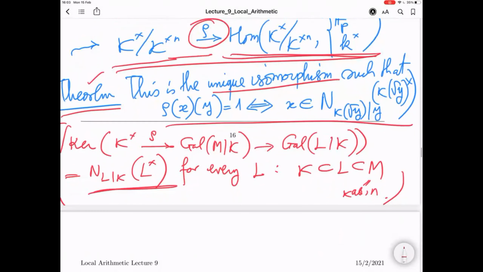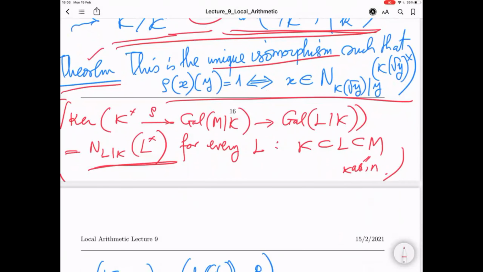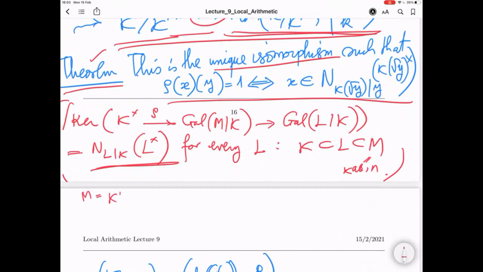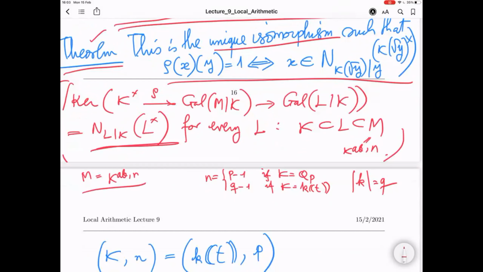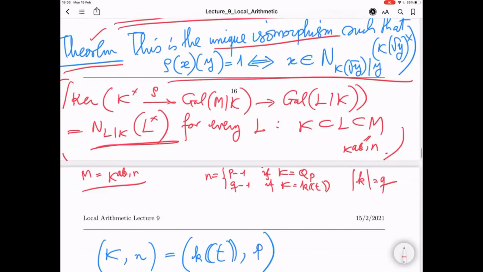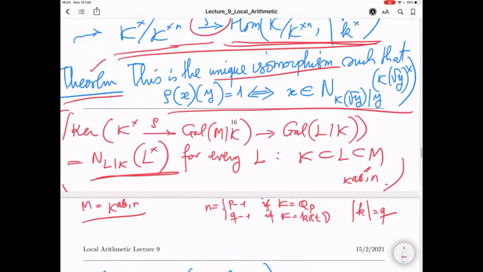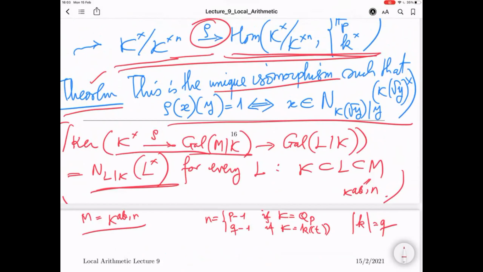Okay, so what this says is that M is here K abelian N, N is either P minus 1 or Q minus 1 if K is equal to QP, or it's Q minus 1 if K is equal to k power series T, and of course the number of elements in this k is Q. Okay, so M is this, and rho is a map from K star modulo nth powers to this Galois group.